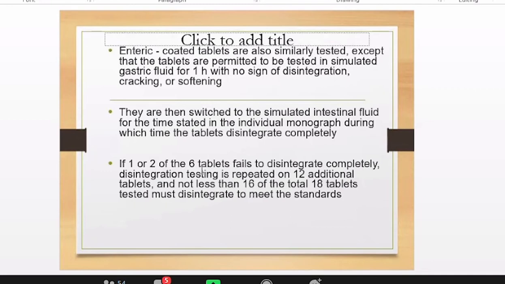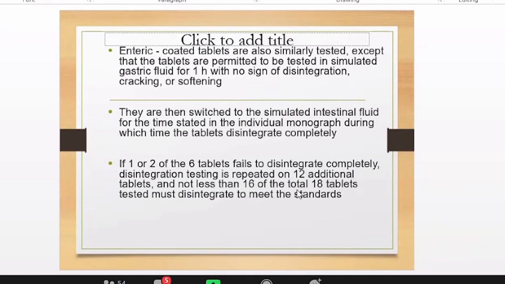So for example, if 1 or 2 of the 6 tablets fails to disintegrate completely, disintegration testing is repeated on 12 additional tablets. So if a batch fails, one of the tablets you are looking at fails the disintegration test, then you are going to take 12 additional tablets and conduct disintegration testing on them.